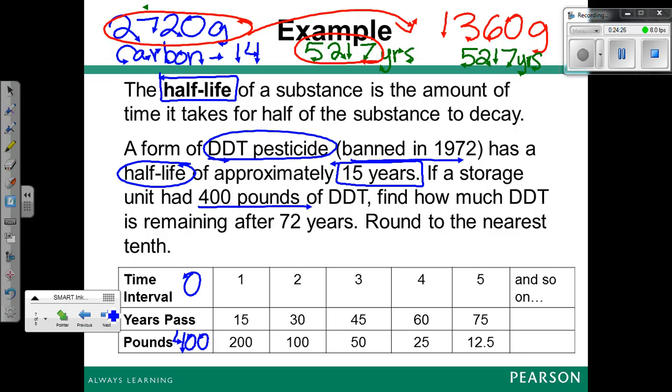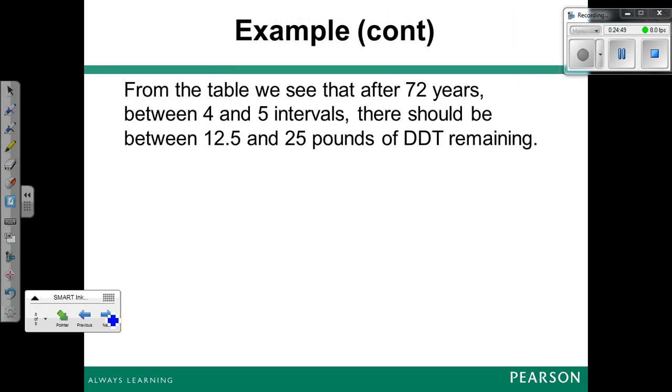All right, so let's go ahead and create our equation. Now, do you guys notice that we don't have a percentage? We don't have a decreasing rate. However, we do have half-life, and we have 15 years. So right there is where we're going to create our equation. What was the initial amount, guys? 400 pounds, at x equals 0, right?